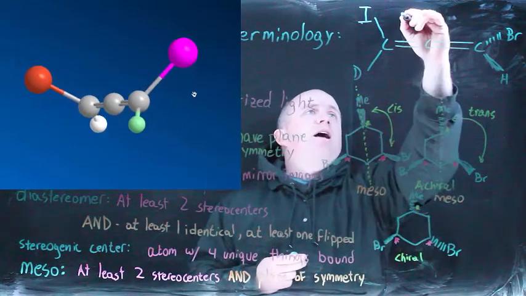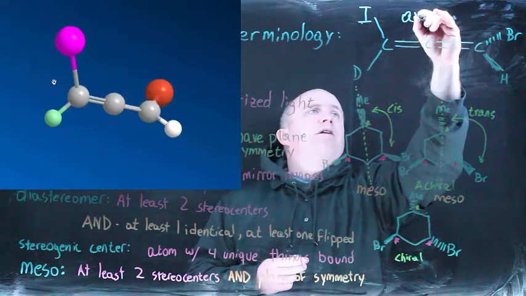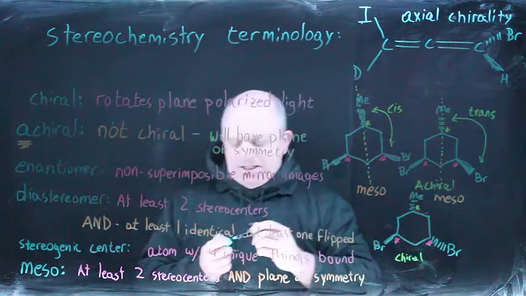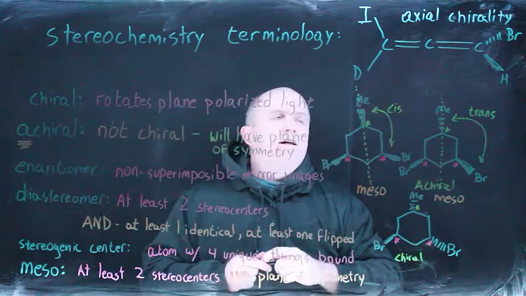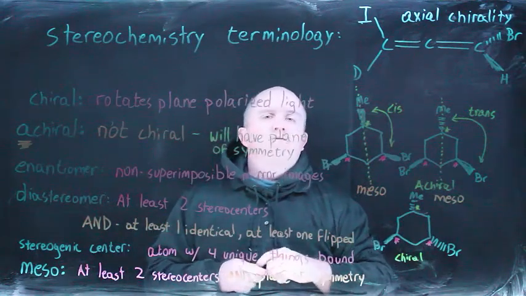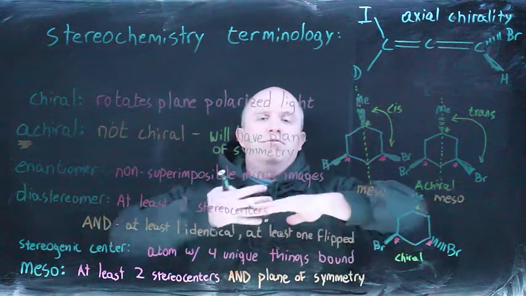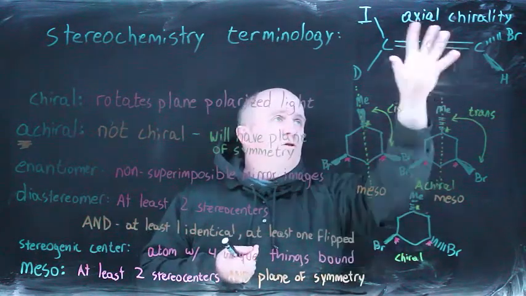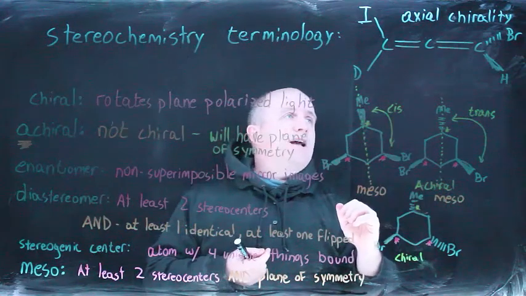And molecules that have this sort of property of being chiral without a chiral center, they have axial chirality. There are plenty of examples of axial chirality out there, but almost all of them involve restricted rotation of some kind, or the molecule's frozen in place because of double bonds, something like that.